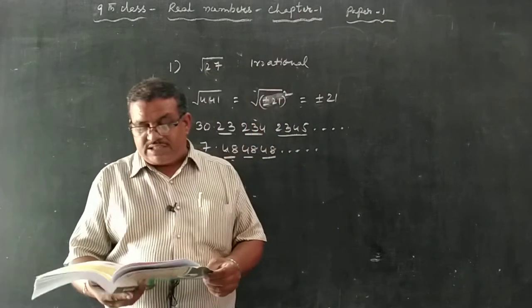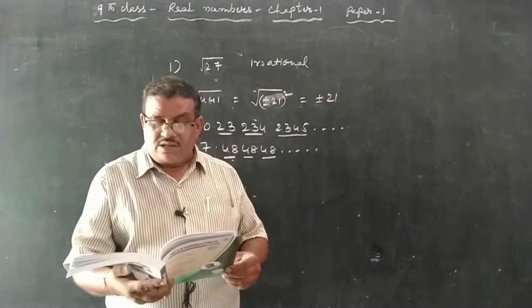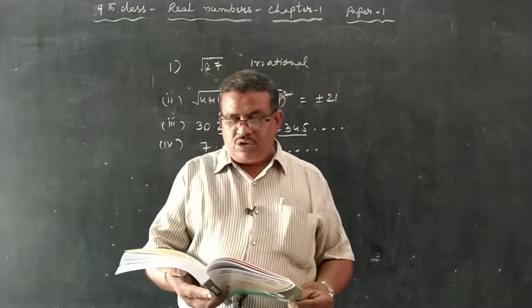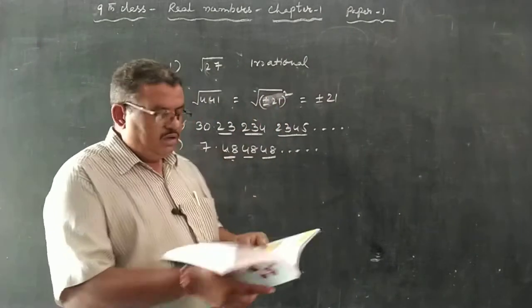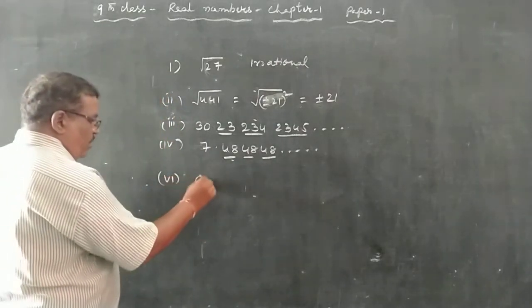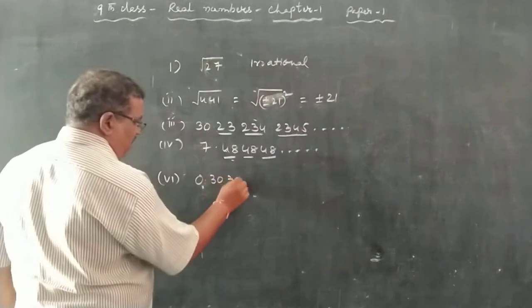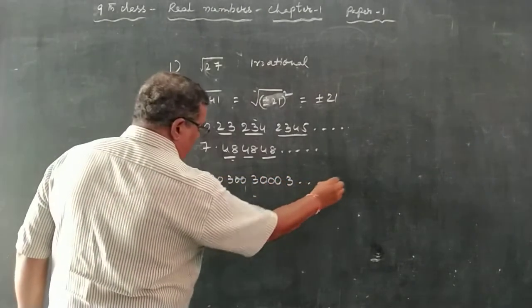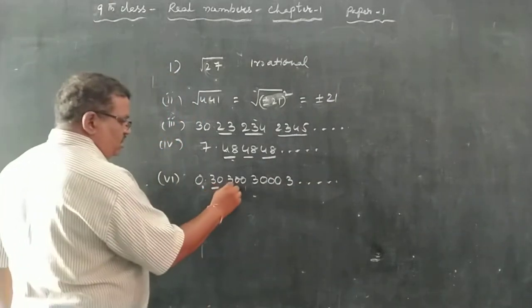And the sixth problem: 0.30303000, and so on. Not 3030 repeating like that.